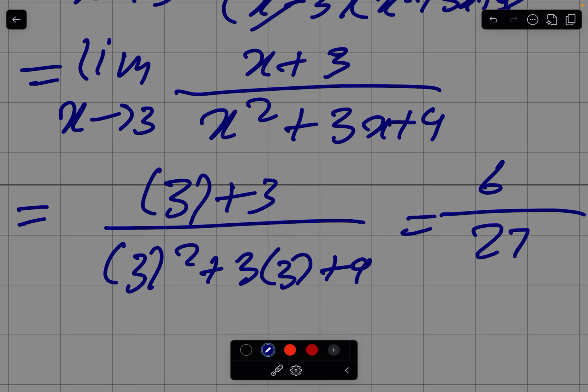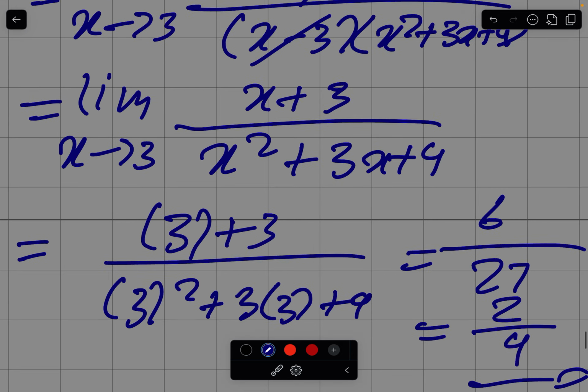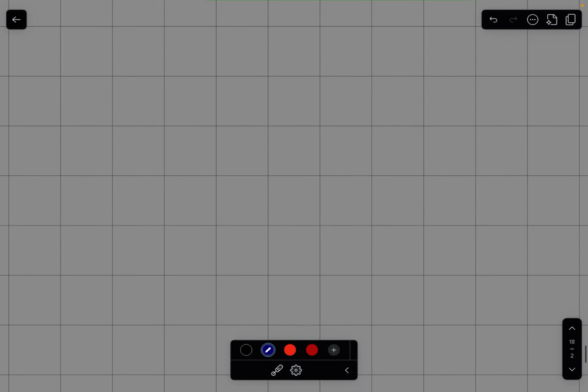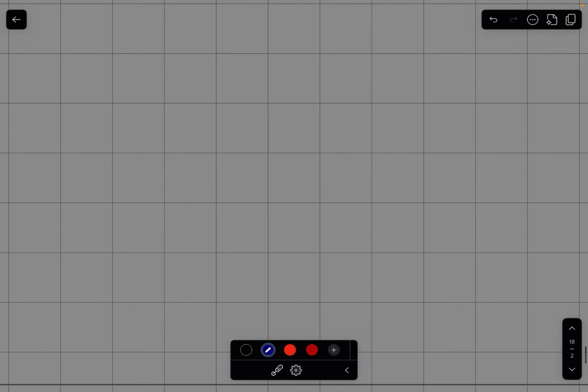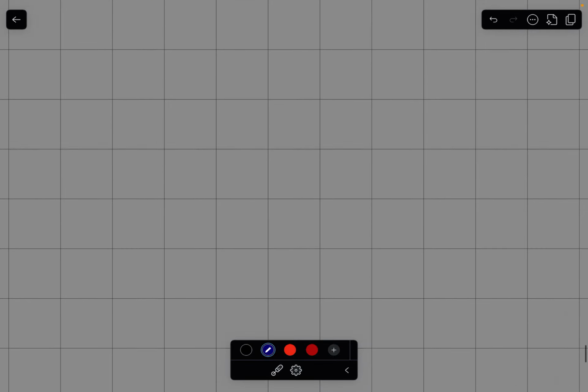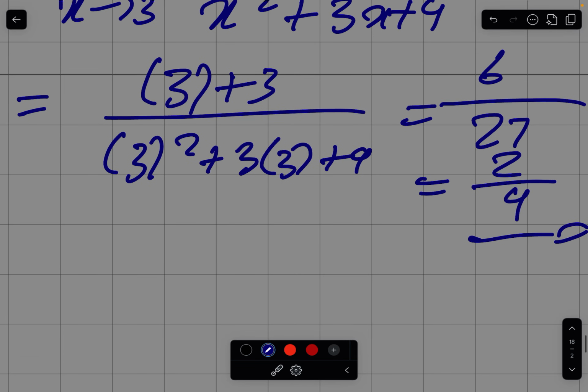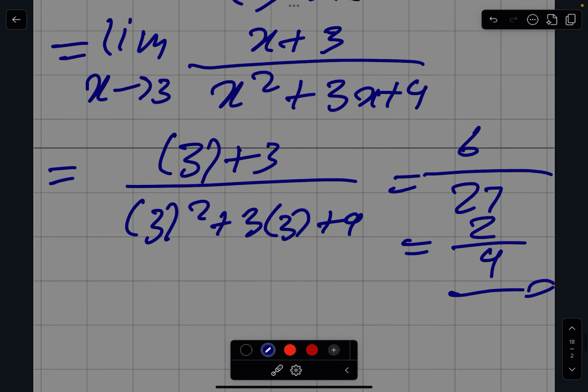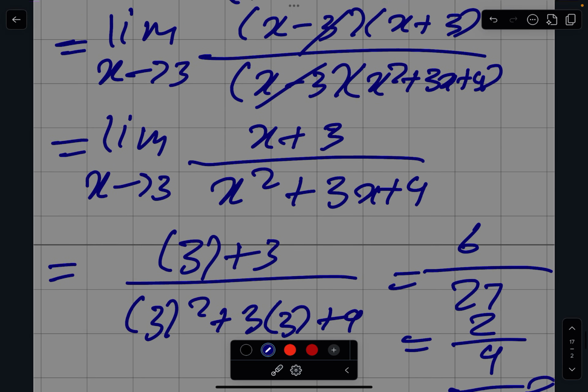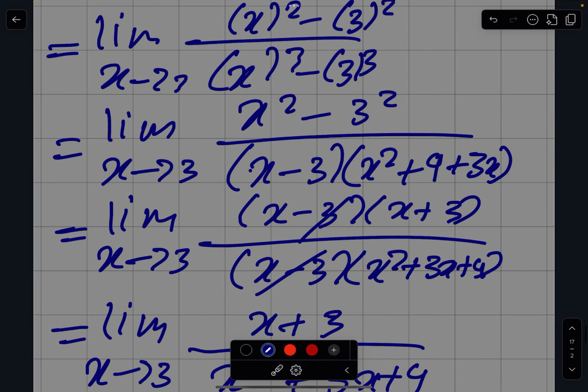You can say that your final answer is 2 over 9. Understand? Simple maths. I don't think there's any other question that will challenge you. So we're done with evaluating limit. On the next chapter, we're going to do evaluating limit as x approaching infinity. Thanks for your time.